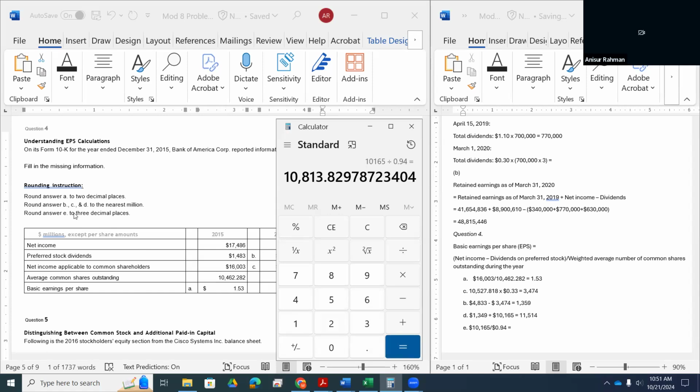E is 3 decimal places. So it will be 83.